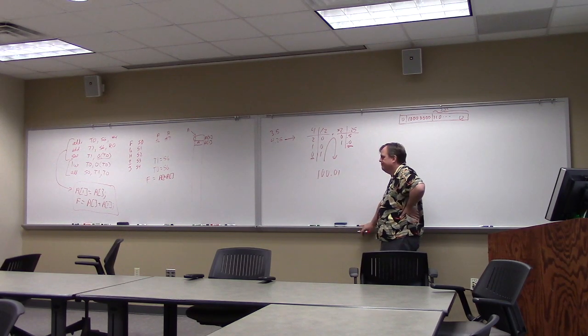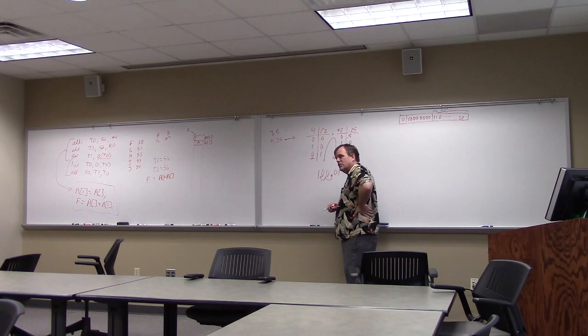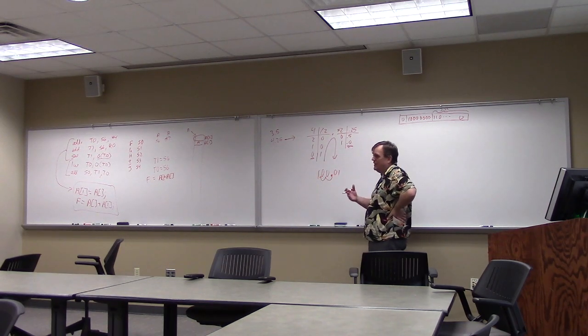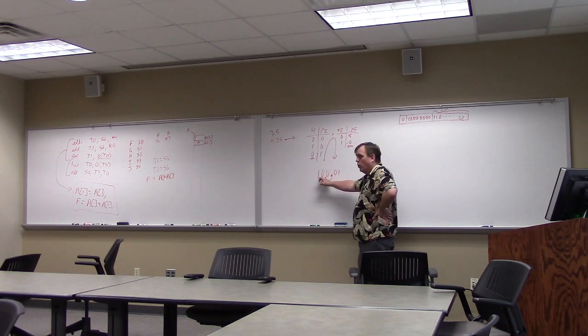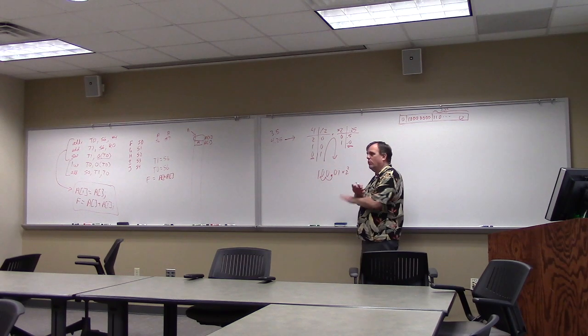I gotta move the radix point 2 places. Since I'm moving the radix to the left, I'm dividing by 4, so I've gotta multiply by 4. Divide by 4, multiply by 4, no change.